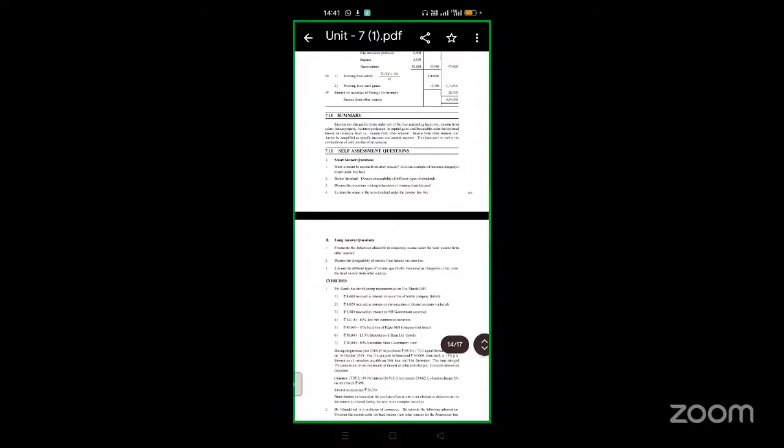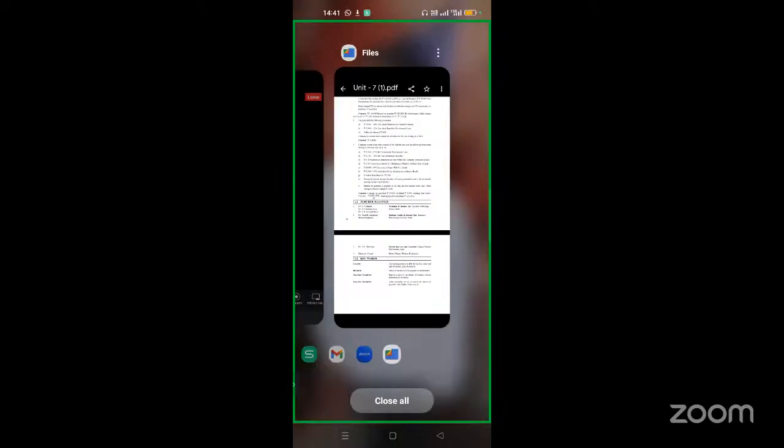So this is income from other sources. This all comes under block 1. Now we have block 2. And even in block 1, we have aggregation of income, that is, set off and carry forward of losses.